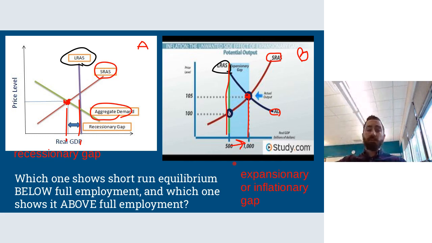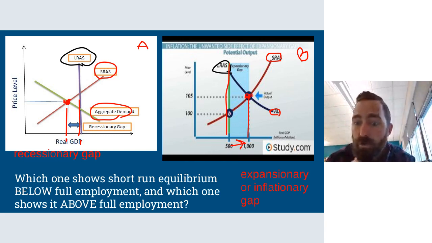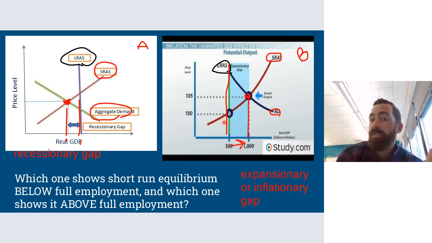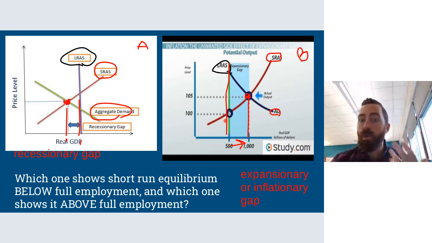So this is like the economy, you could arguably say before COVID-19, mid-2000s, roaring 20s, if you want to use those as examples. And the reason they call it an inflationary gap, well, look, because aggregate demand is increased here, prices are higher now than they would be if you were at long-run equilibrium. Prices are higher, but that's probably okay, at least at this point, because GDP is roaring and businesses need workers.